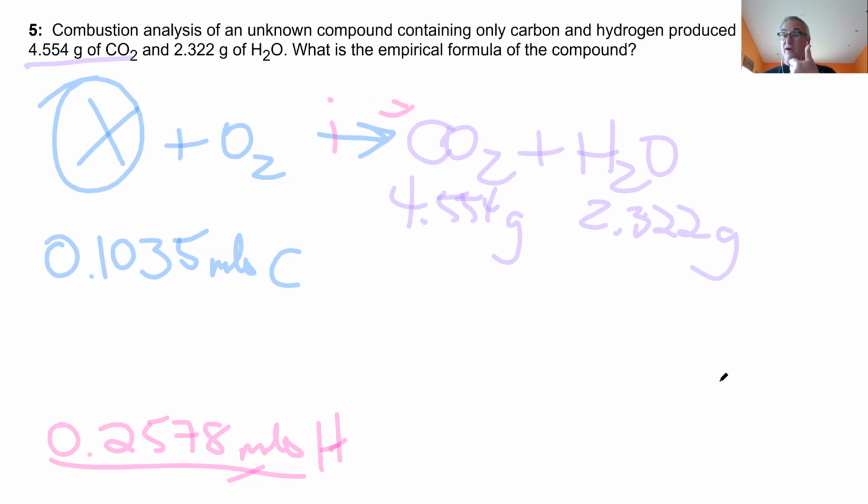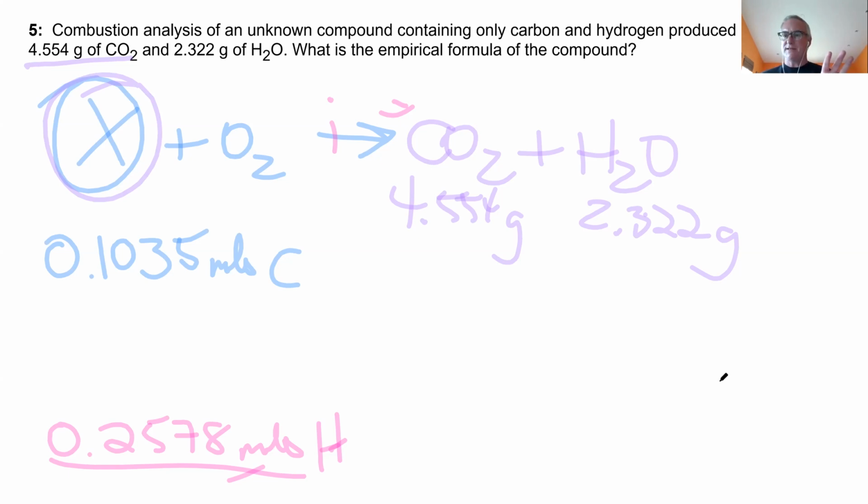So what we need to figure out is how many moles of carbon did we get as products? How many moles of hydrogen do we get as products? Because that is the number of moles of carbon and hydrogen in the original compound. The only source of carbon is our compound X, whatever it is.